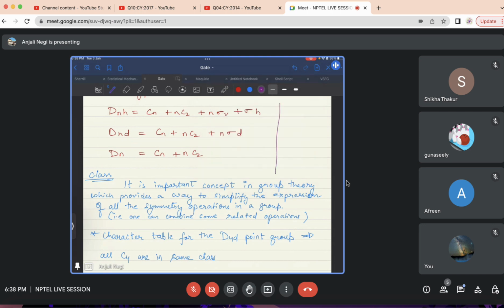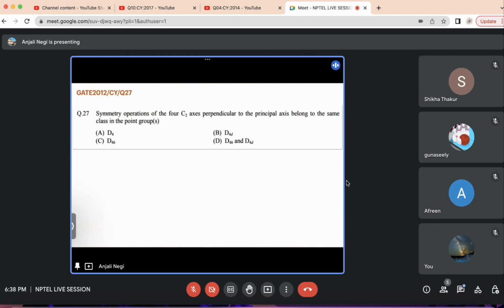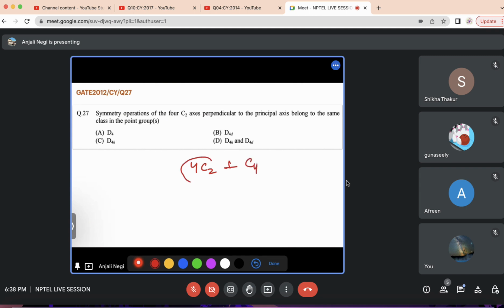So in our problem, I will again just go through the problem here. As you can see, we are given that the symmetry operations of the 4 C2 axes perpendicular to the principal axis belong to the same class in the point group.